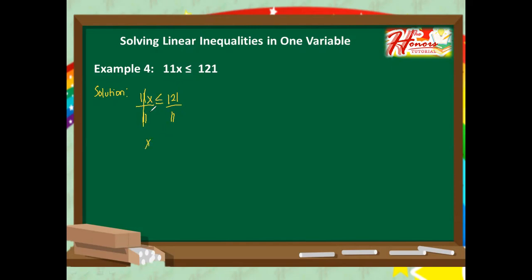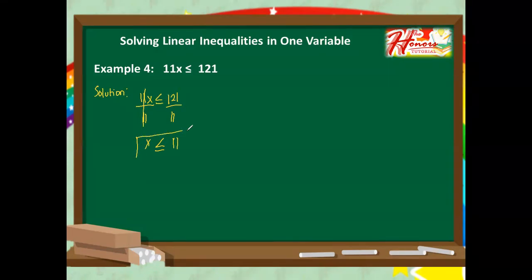If you have same number and then you are dividing it, kindly cancel it. And then copy the variable x. And then copy the symbol, so that is less than or equal to 121 over 11, or 121 divided by 11 is equal to 11.